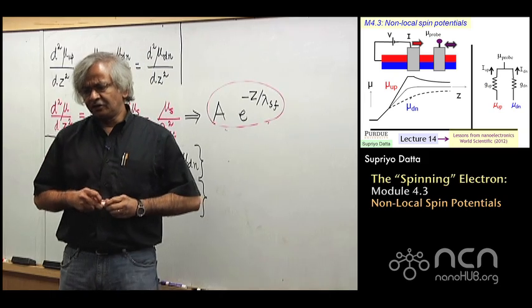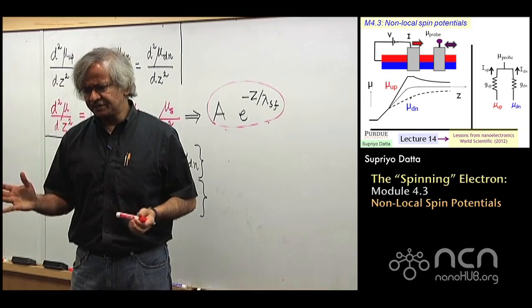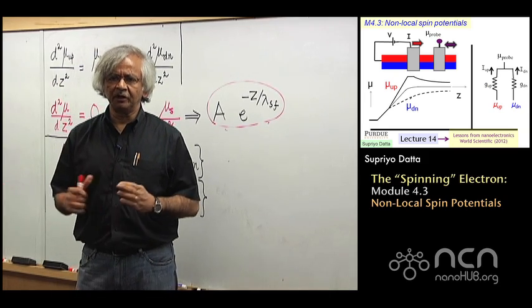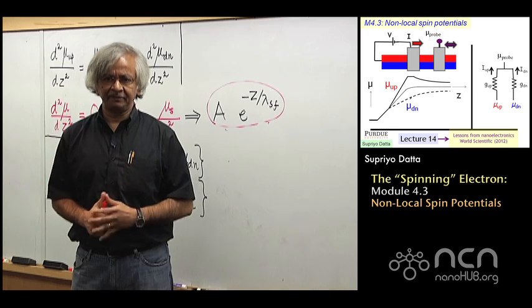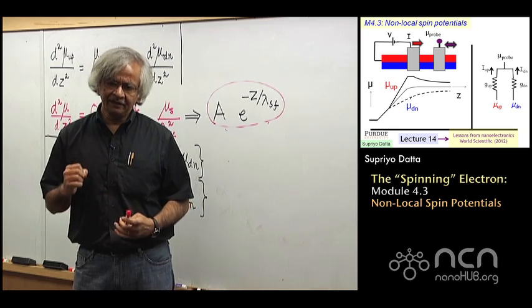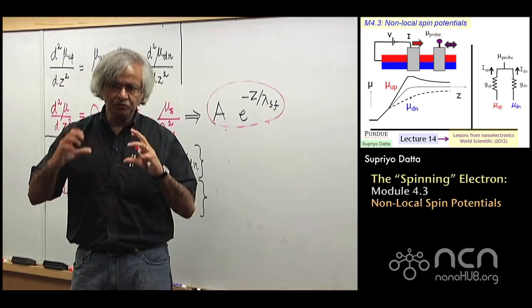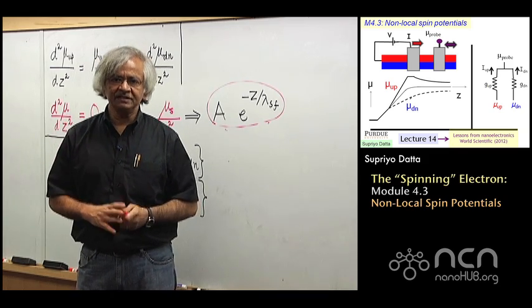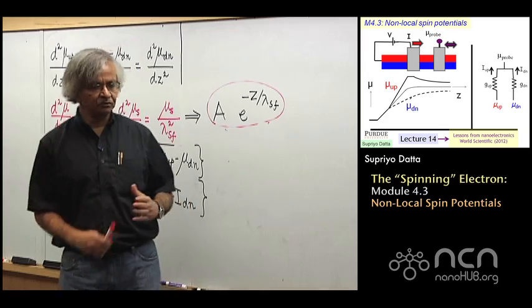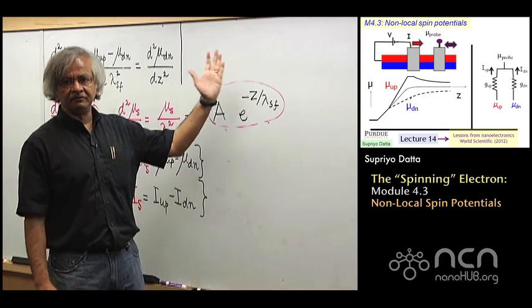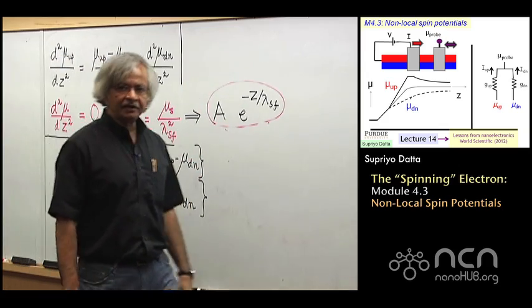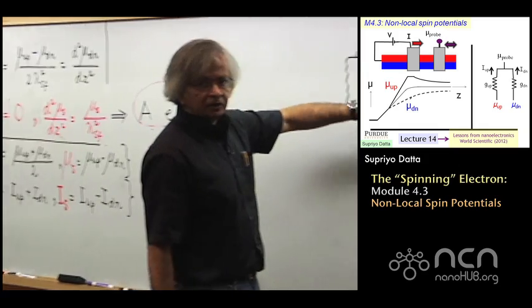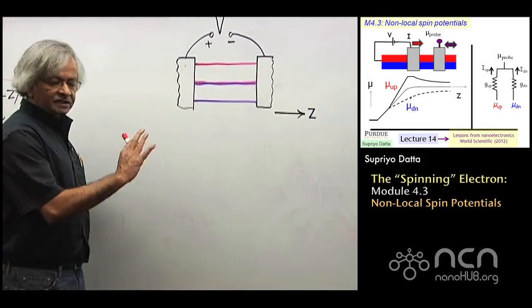These experiments are not, at this time at least, terribly important from the point of view of actual device applications, in the sense that they don't let you do some particular useful function. On the other hand, they allow you to measure these quantities and get a lot of information about spins and how they behave in solids. So this is the kind of experiment we'll be talking about.